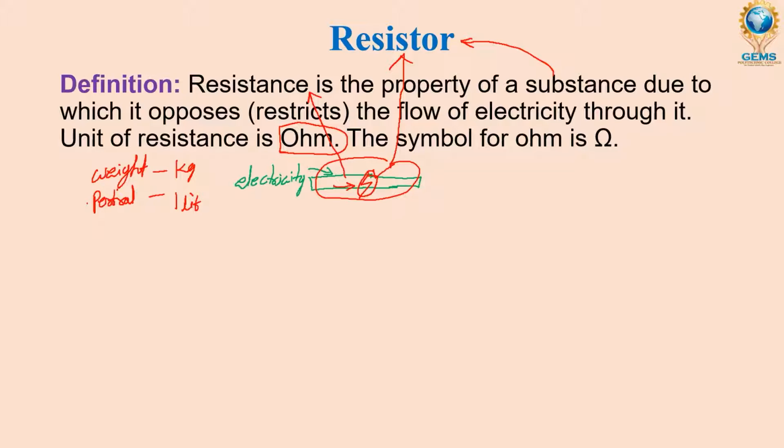So for weight we have the kg unit, for petrol we have the liter unit. Like this, for resistance the unit is ohm. Kilogram we represent with kg, liter we represent with L. Like this, ohm has a symbol. This is the ohm symbol.